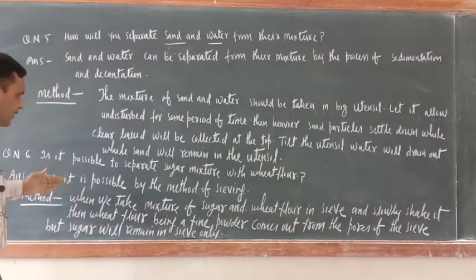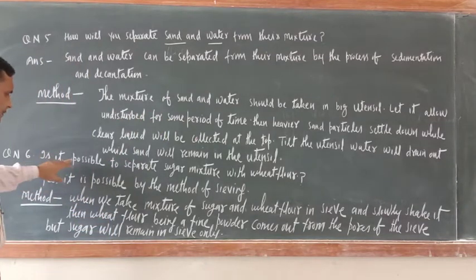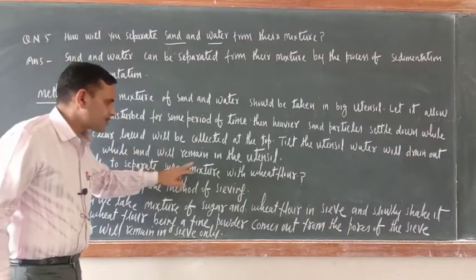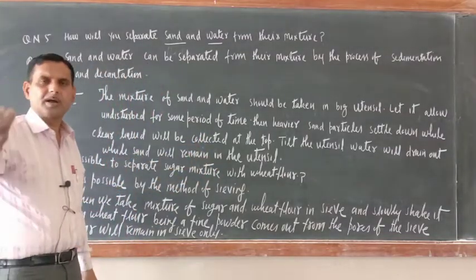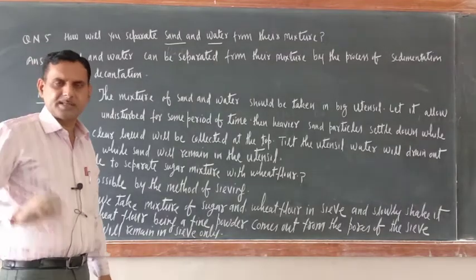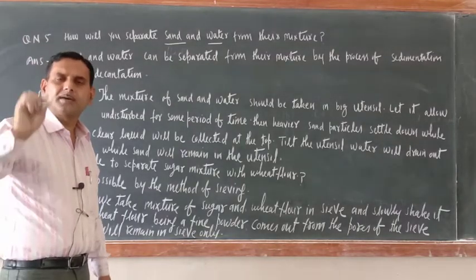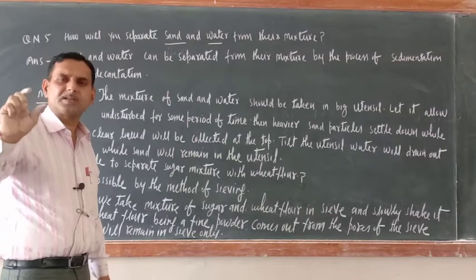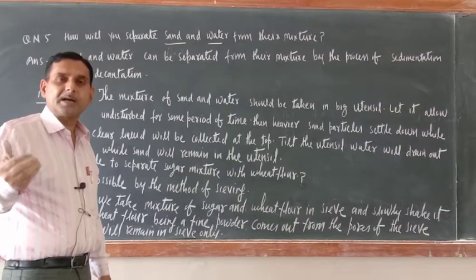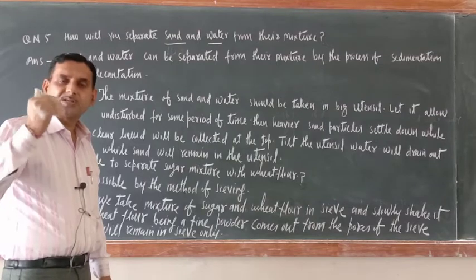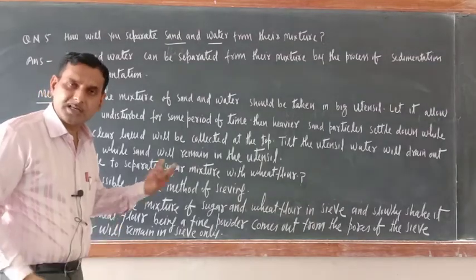Next question: is it possible to separate a sugar mixture with wheat flour? Yes, it is possible. Sugar particles are bigger particles. They cannot pass through the small holes or pores of the sieve, while wheat flour has very fine particles. They will pass through the small holes or pores of the sieve.